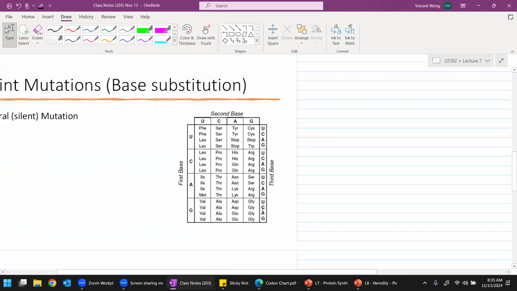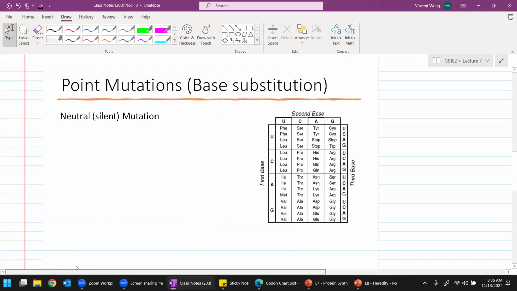All right. The mutation, for it to be a problem, has to occur at the DNA level. If you change the DNA, you are changing the instruction to make the protein. And when you do the transcription and translation, you're gonna end up having possibly a different protein.